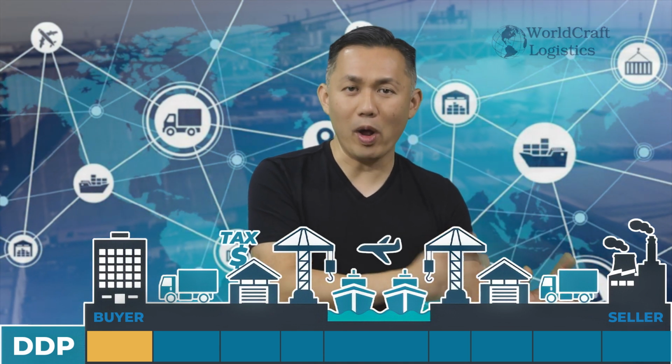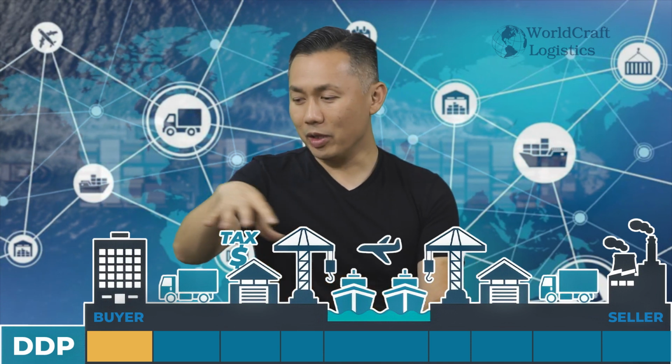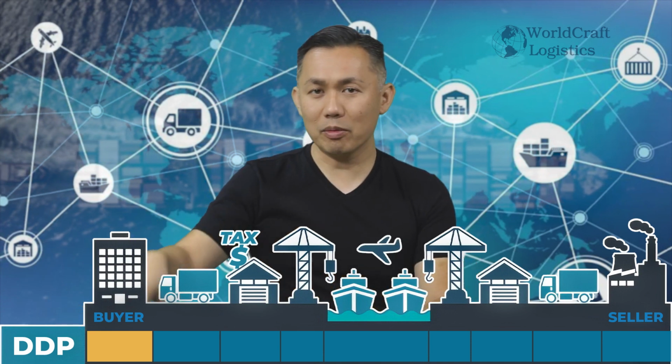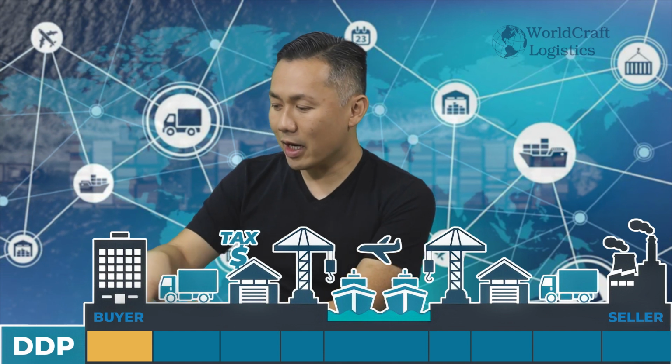So what is it? Now the seller or the manufacturer has finished manufacturing the 1,000 soccer balls for you. They're going to do all the transportation for you, from the trucking in China to the air shipment or the sea shipment, or whatever you decide, and finally deliver to your door, and they also pay the import tax for you.